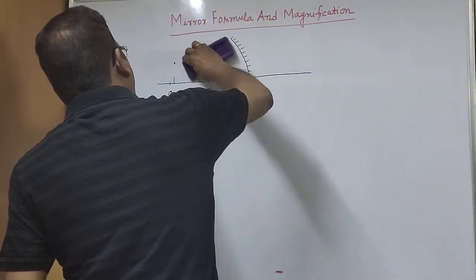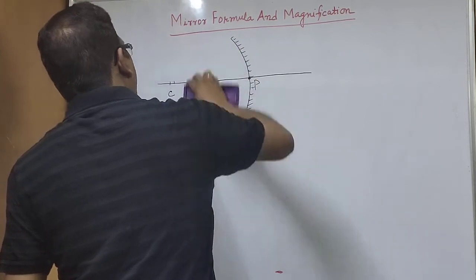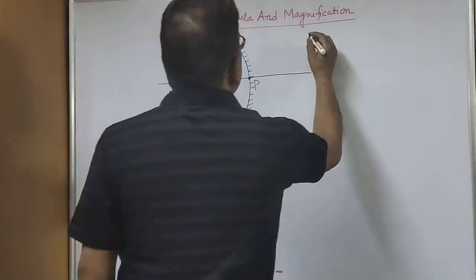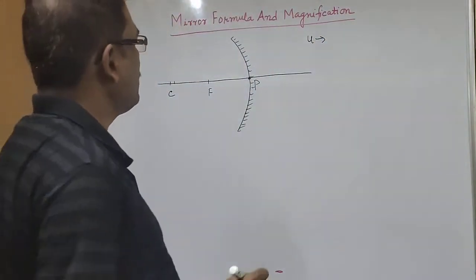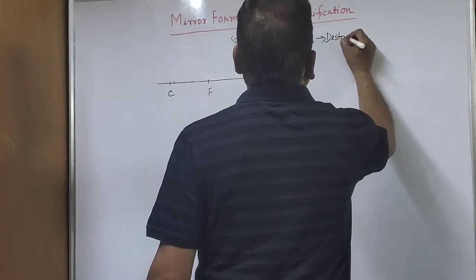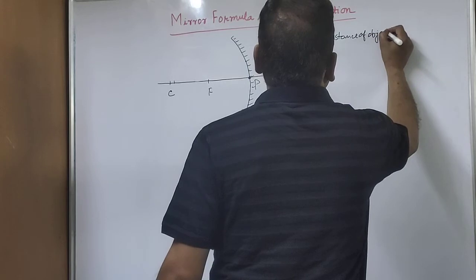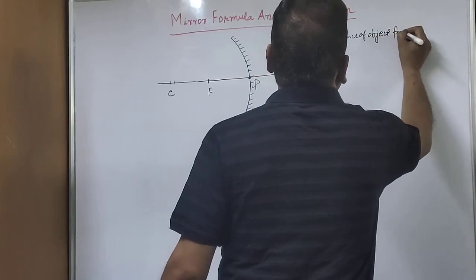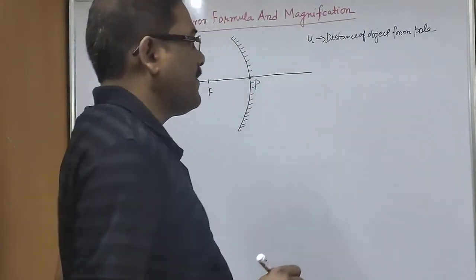Now recall some of the terms. What is u? u is the distance of object from pole of the spherical mirror.